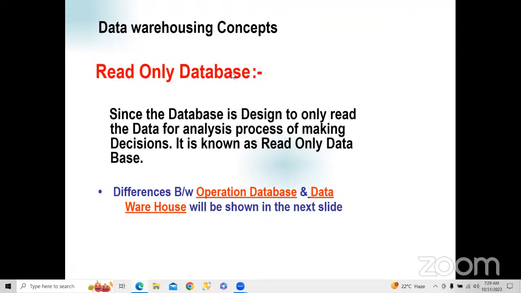ATM machine, yes, that is also an OLTP system. Another example we can consider: shopping mall and flight bookings. Yes, correct. Those are operational databases.